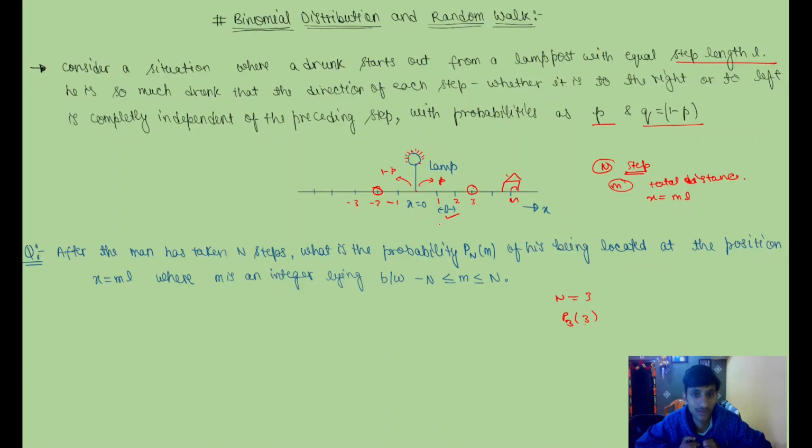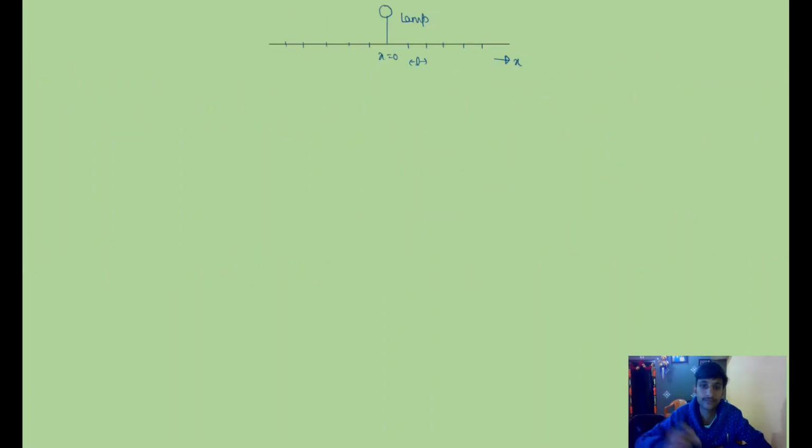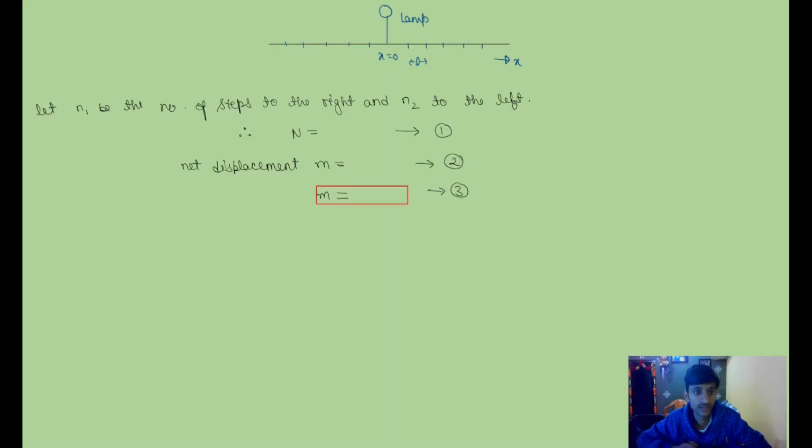Now how to approach this problem? Let's say this is your lamp, with the same condition. Now what I am assuming is that out of these total N steps, he is taking n2 steps towards the left and n1 steps towards the right.